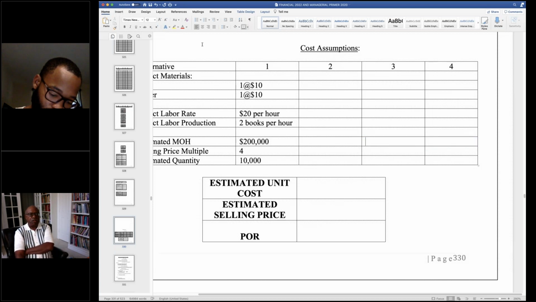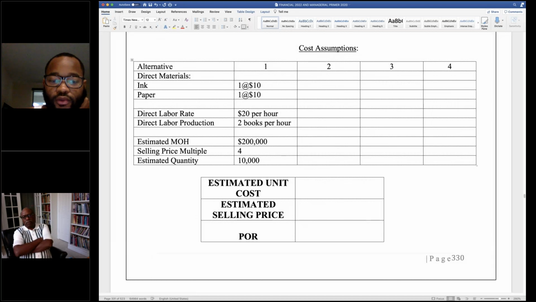With these assumptions, make those same calculations. Don't need to go any further if you can't get this right. So these are the assumptions.